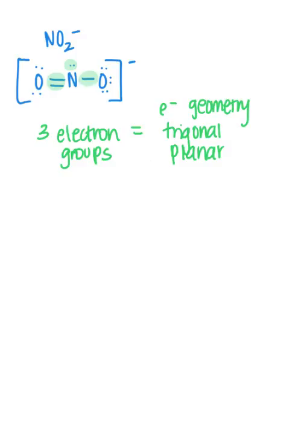However, knowing that we have this lone pair right here, the lone pair changes this from a trigonal planar. The molecular geometry is going to change due to that lone pair. Because of the lone pair, the molecular geometry is going to be bent.